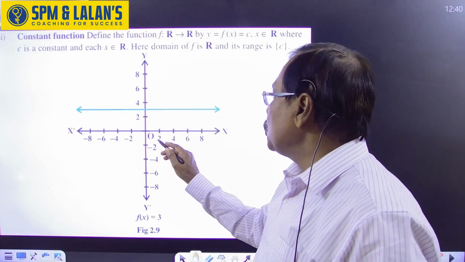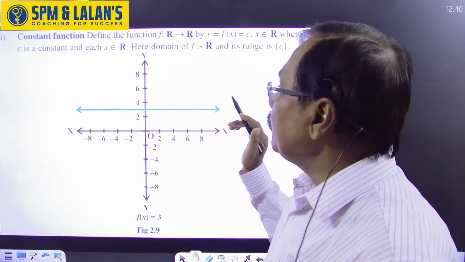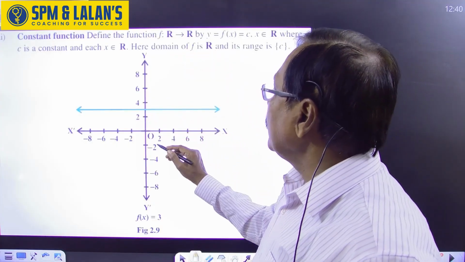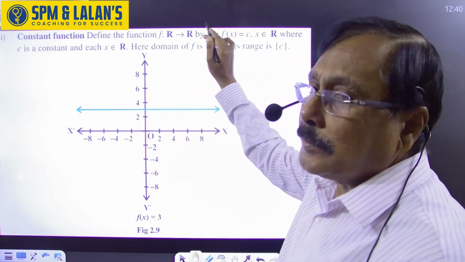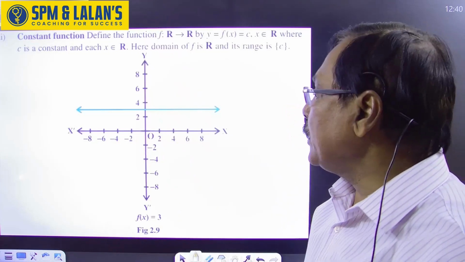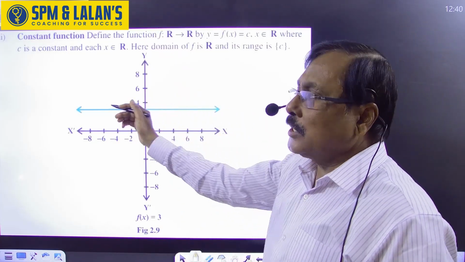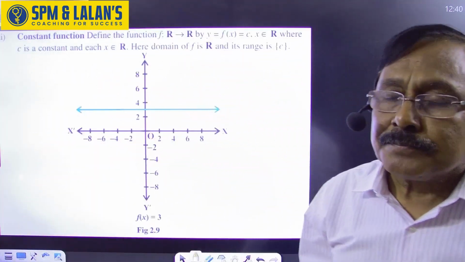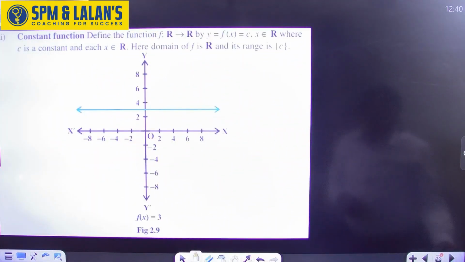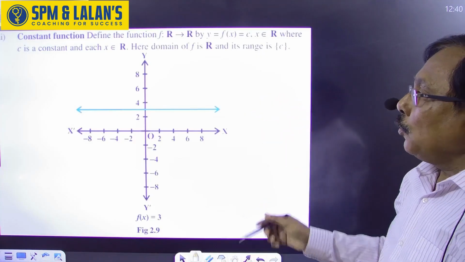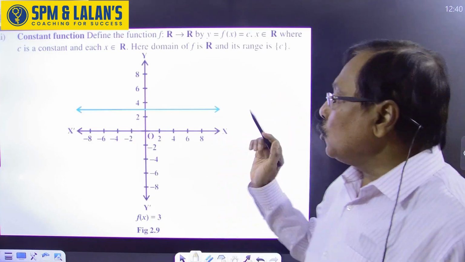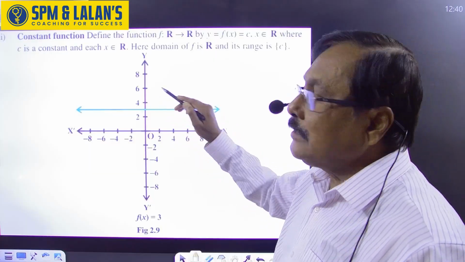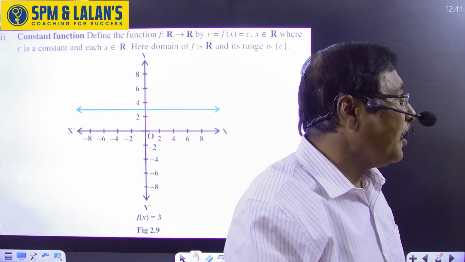Here 2, 4, 6, 8 are real numbers, and the corresponding value of y is always c. Every time it is a constant value, so that's why it is called the constant function. Now you have to understand the domain of this function. The domain of this function is all real numbers, and the range of this function is always c. This is the constant value.